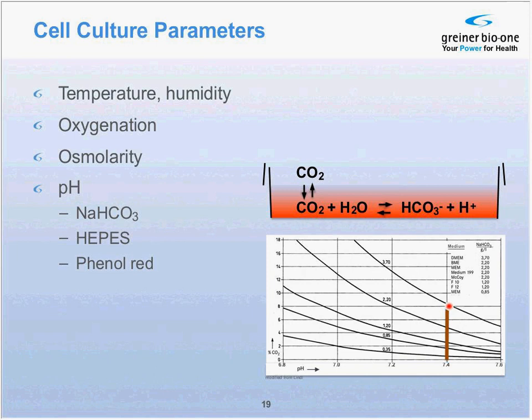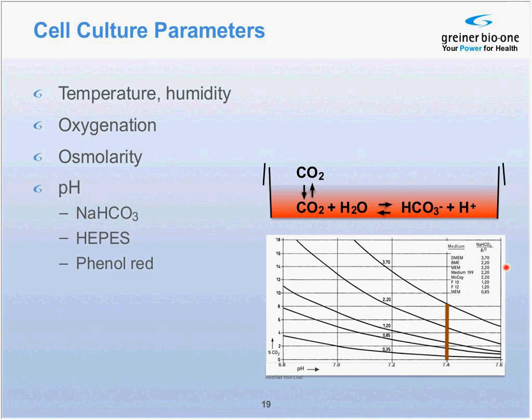Alternatively, HEPES can be used in the medium as a buffer, allowing for a CO2-independent cell culture. Note that HEPES buffers should be stored strictly in the dark due to the phototoxic activity of HEPES.